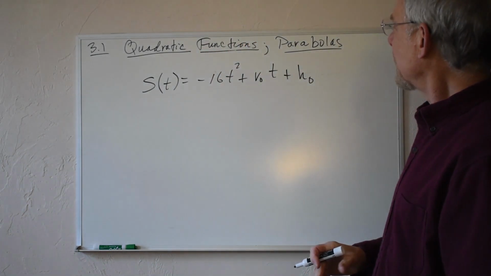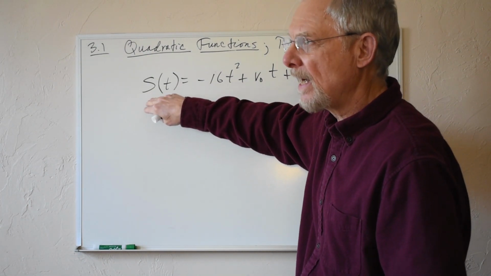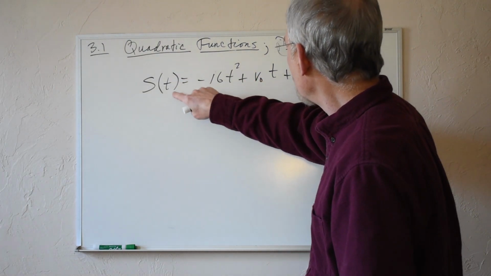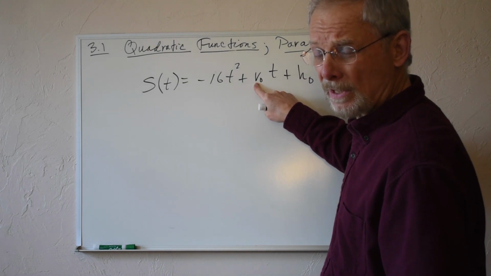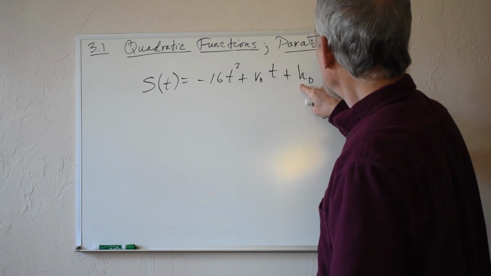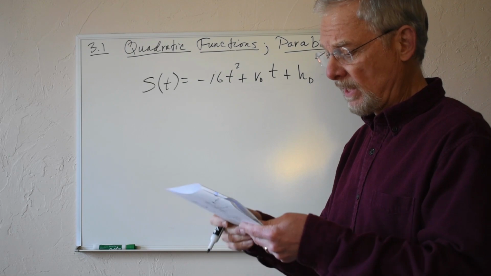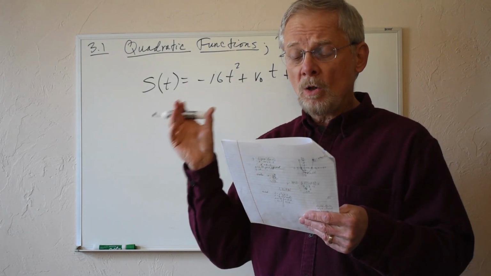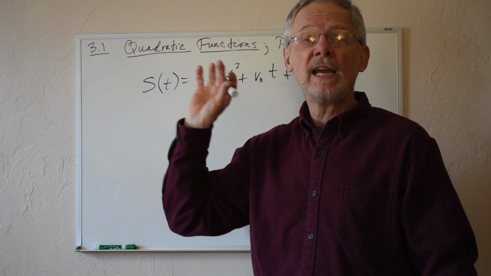And you might say, wow, what's that? Well, this is the height of the projectile. When something is kicked in the air, up into the air, or thrown into the air, t is the amount of time that elapses. V sub 0, as you'll learn in the video, is initial velocity. H sub 0 is initial height. Because as we see in this example 4, a ball is thrown off a building at the top of the building 80 feet high.